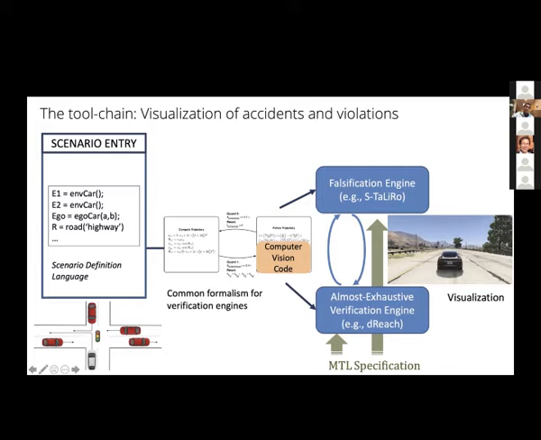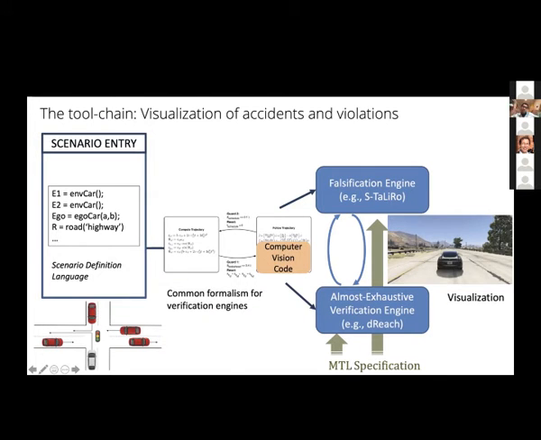So we built a tool chain that essentially allowed us to search through these scenarios, using a combination of falsification, where you're basically eliminating very safe or very unsafe and trying to find the boundary of safe and unsafe operations, and exhaustive verification, which can only work on very small problems.